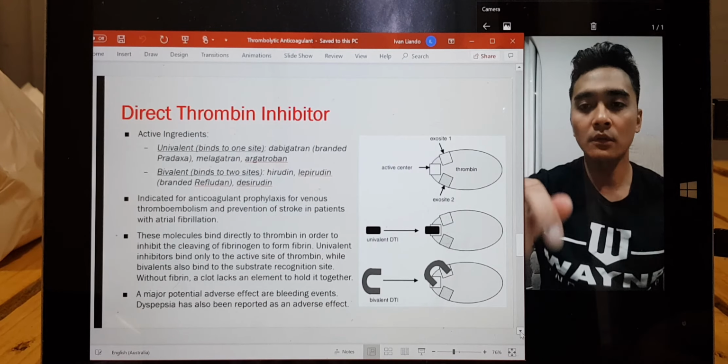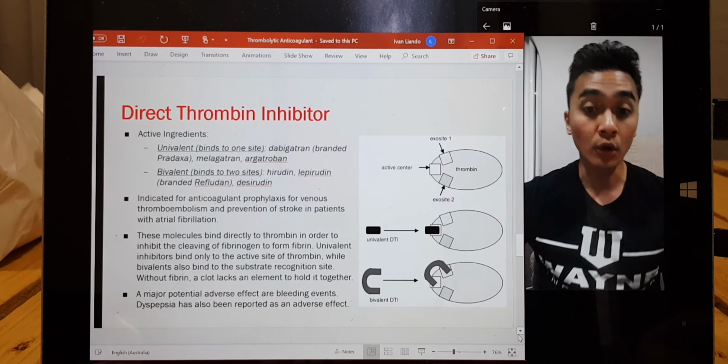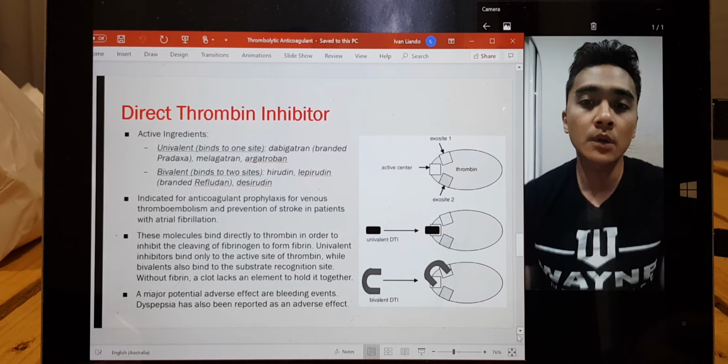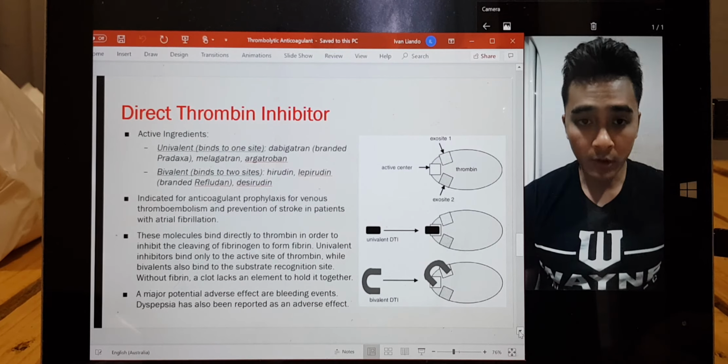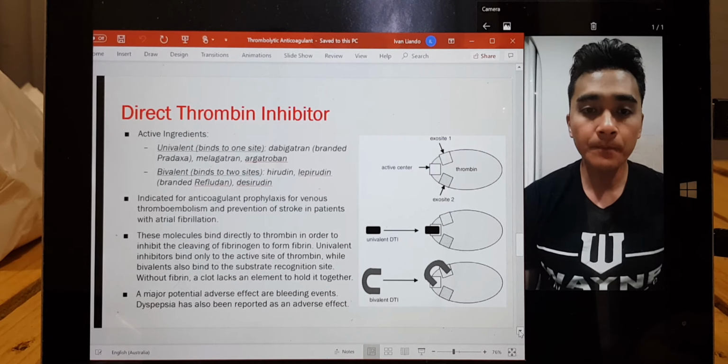So now we move on to the non-vitamin K antagonists, and the first one we'll talk about is the direct thrombin inhibitor. There are two types, univalent and bivalent.